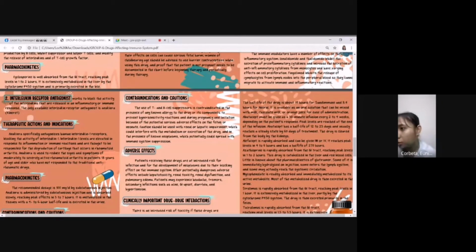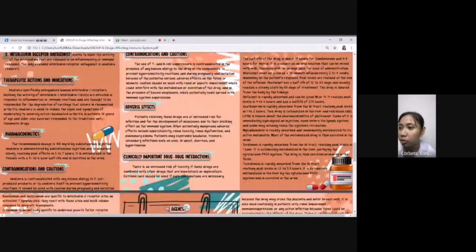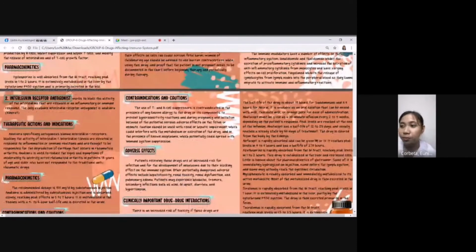They are contraindicated in the presence of any known allergy to the drug or its components, to prevent hypersensitivity reactions, and during pregnancy and lactation because of the potential serious adverse effect on the fetus or the neonate. Caution should be used with renal or hepatic impairment, which could interfere with the metabolism or excretion of the drug, and in the presence of known neoplasm, which potentially could spread with immune system suppression.